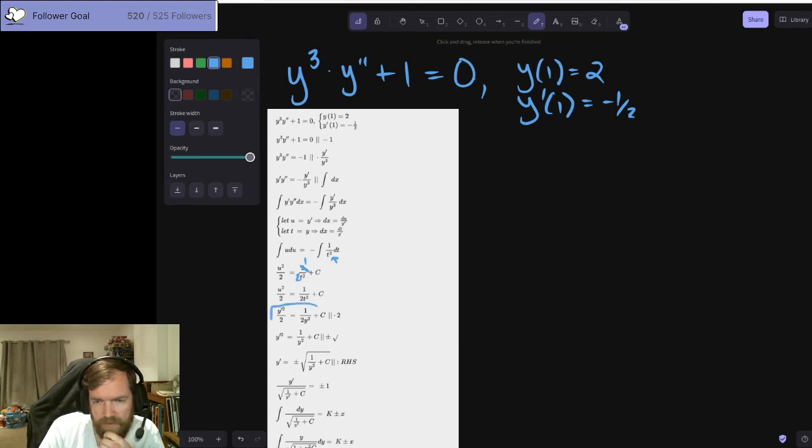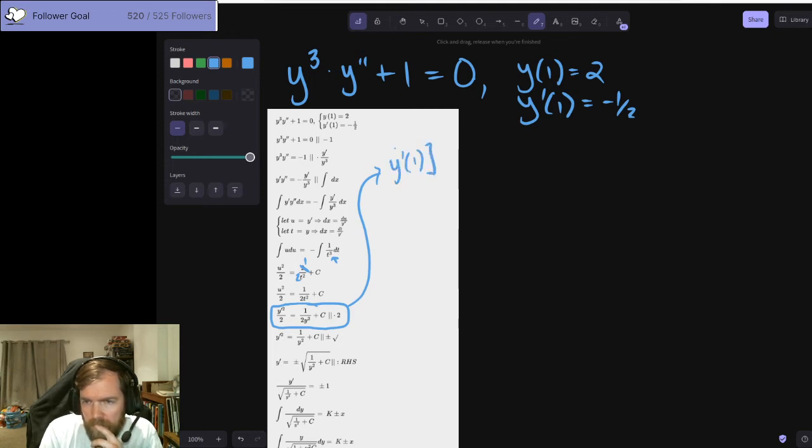You could actually find the value of C here. Alright, so if we go y prime at 1 squared over 2, that should be equal to 1 over 2 times y at 1, all plus c.